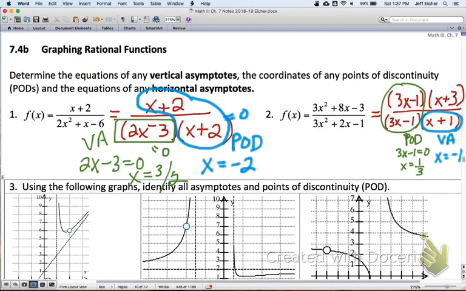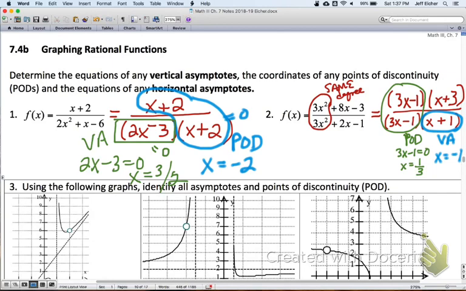I need to go back, and now I will identify the horizontal asymptotes. Notice here the degrees are the same. That means as you put in large values of x, the numerator and denominator grow at the same rate.